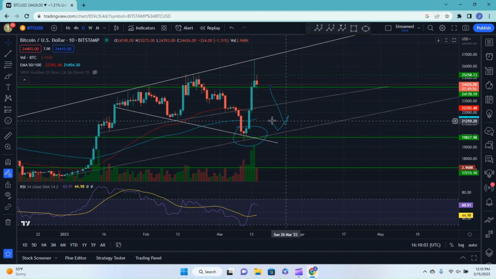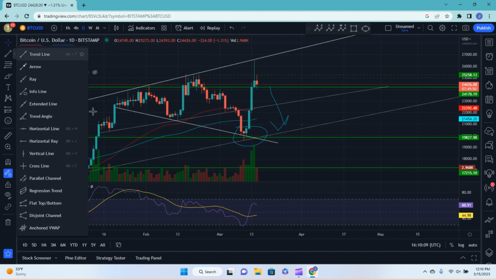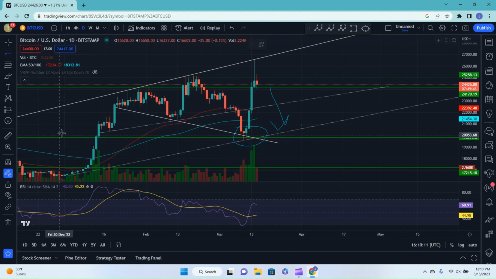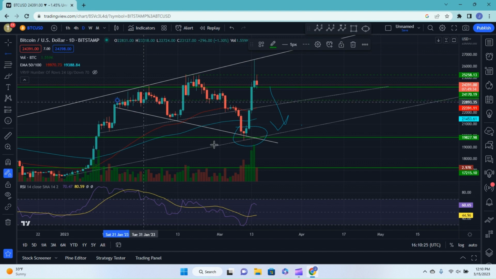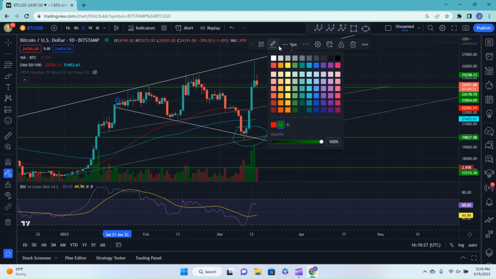However, I do believe that we have some levels of support that we will end up testing here. Primarily, let me see here. I'd say we will end up testing around this 23,000. Let me see.